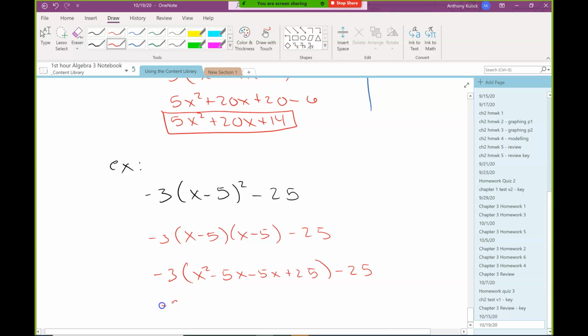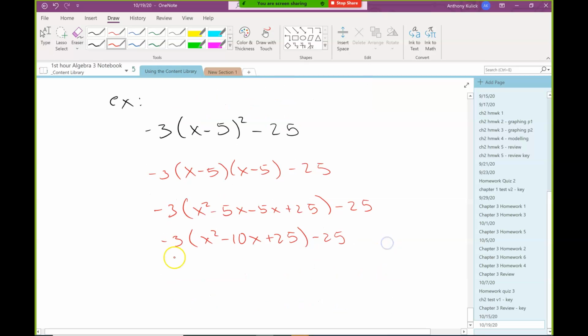Okay. I'll combine my like terms inside that parenthesis. So negative 5x minus 5x is negative 10x. Then I'll distribute my negative 3.